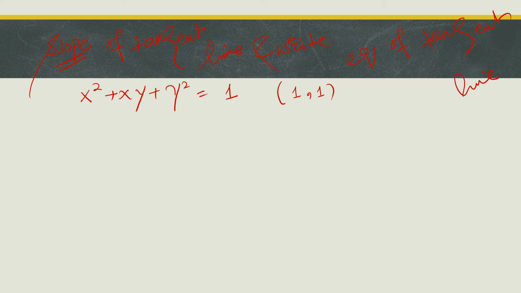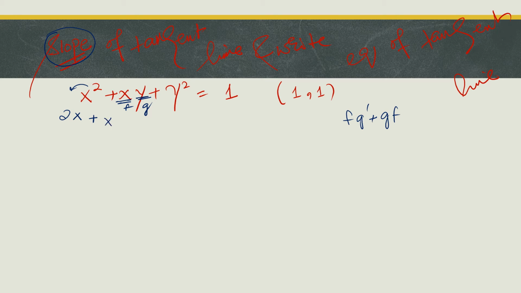You all know that when we talk about the slope of the tangent line, it means we have to find the derivative first. So the derivative of x squared is 2x. Now here x and y together means you have to use the product rule, according to which fg prime plus gf prime.